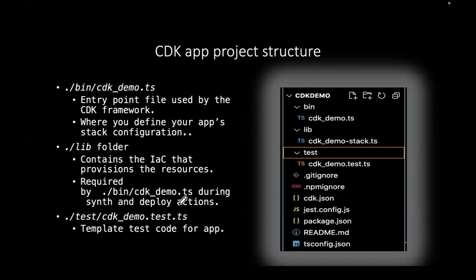In the bin folder, there's a single file which we very rarely need to go near, but that's kind of the entry point for the CDK framework. You could think of this one here as being a bit like main in Java, right?